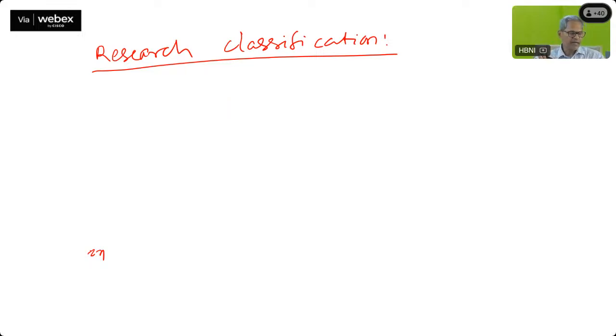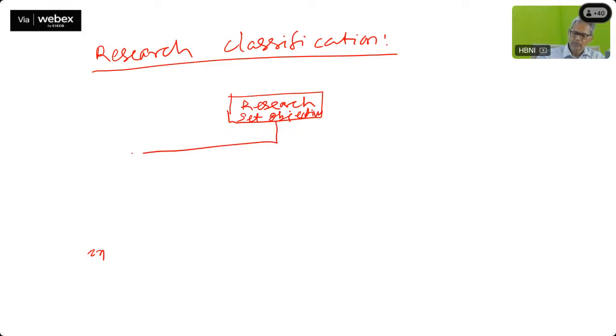Research can basically be classified in two parts. Let me write this down. Research with set objective can be basic or applied. What is basic research?